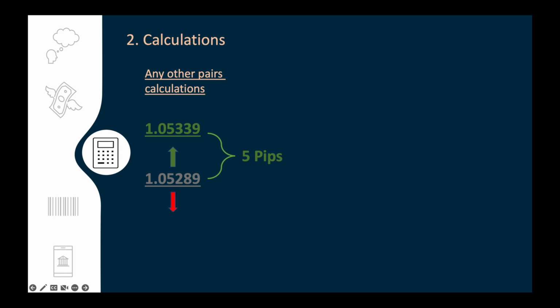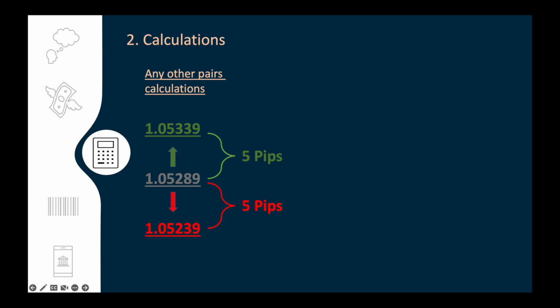And if this price was to go below to 1.05239, this price would have said to have gone below actual price 5 pips.